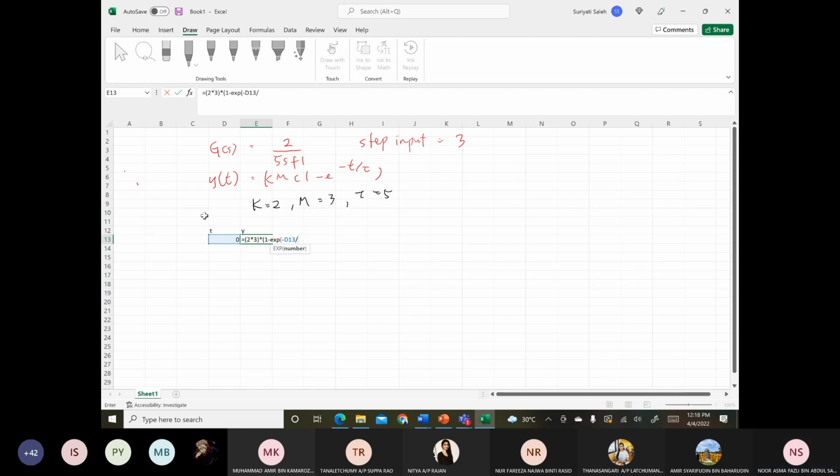Tau is 5. So at t equal to 0, y equal to 0, so it's okay. Let's say here I put 1, 2, 3, 4, 5. Then we can see the response is changing.